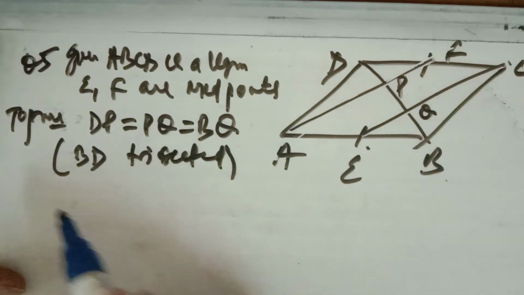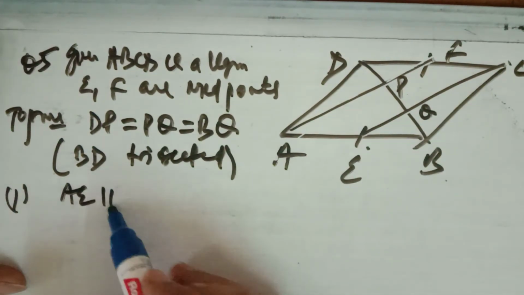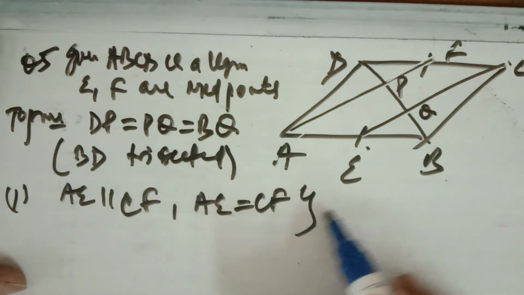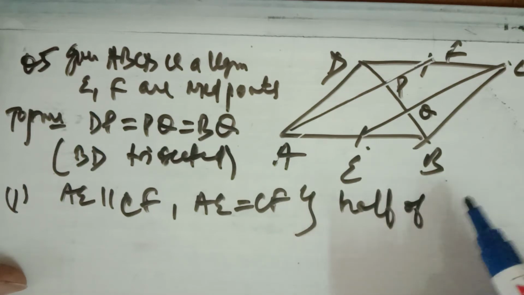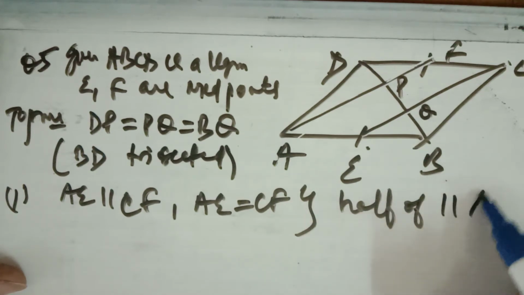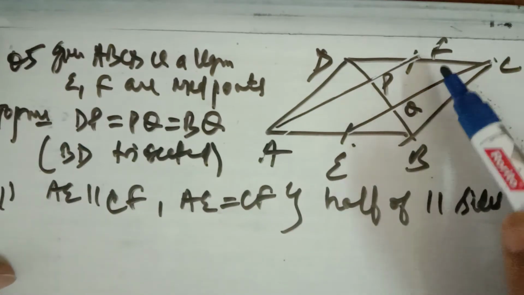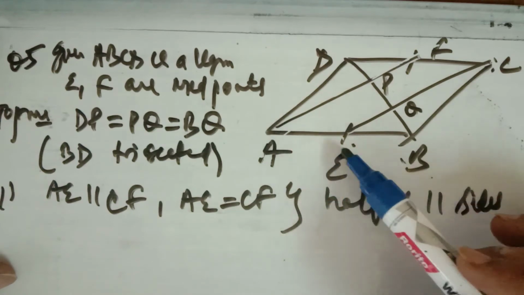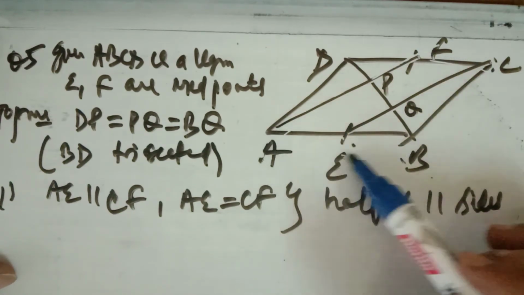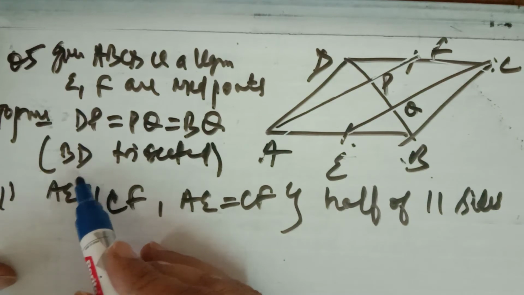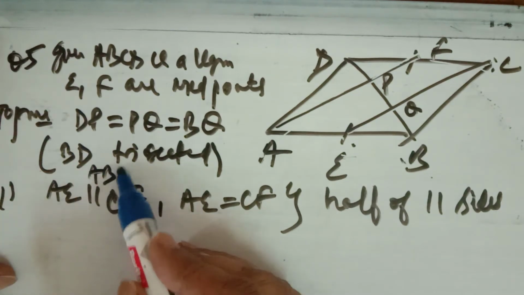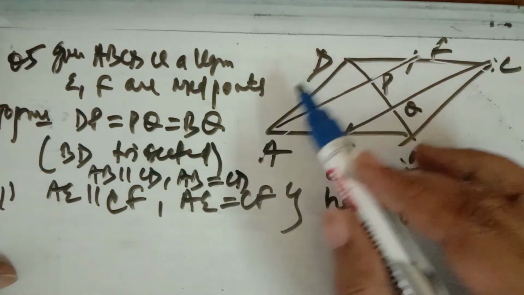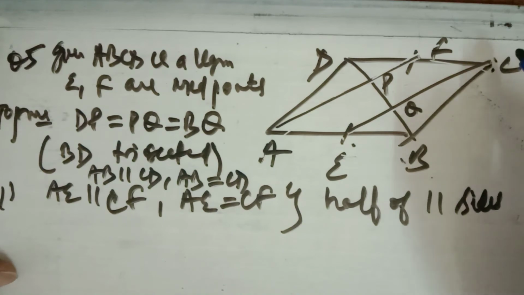Now first of all, I will prove that AECF is a parallelogram. Now AE is parallel to CF and AE is equal to CF, half of parallel sides. Because E and F are the midpoints, and AB is parallel to CD and AB is equal to CD because they are opposite sides of the parallelogram.